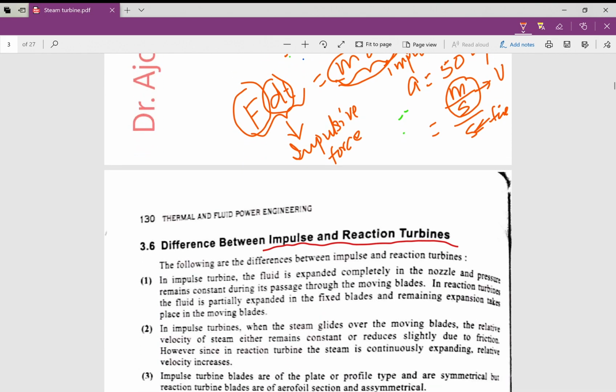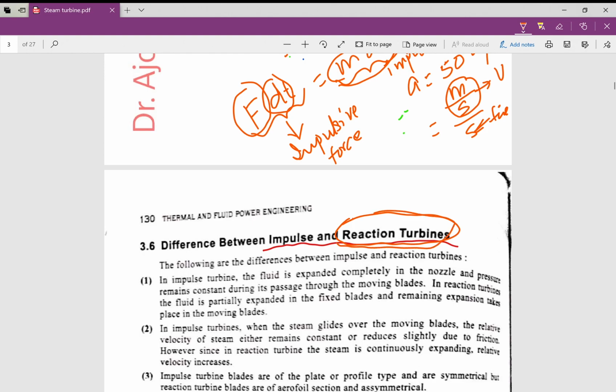Now why reaction? As you know, according to Newton's third law of motion, each force has a reaction from the opposite side, an equal and opposite reaction from the point where the force is acting. So due to that, the word reaction is introduced over here.